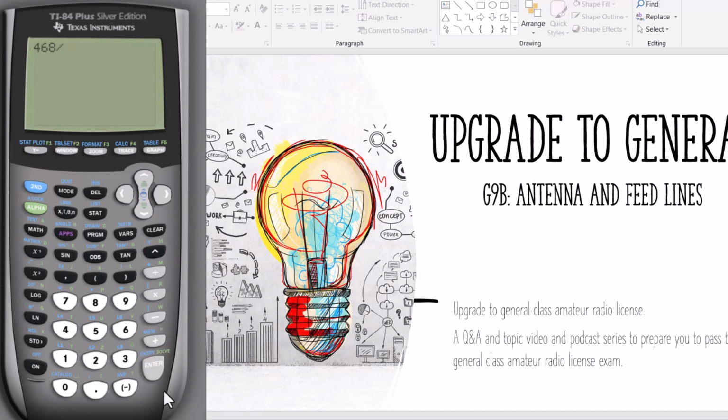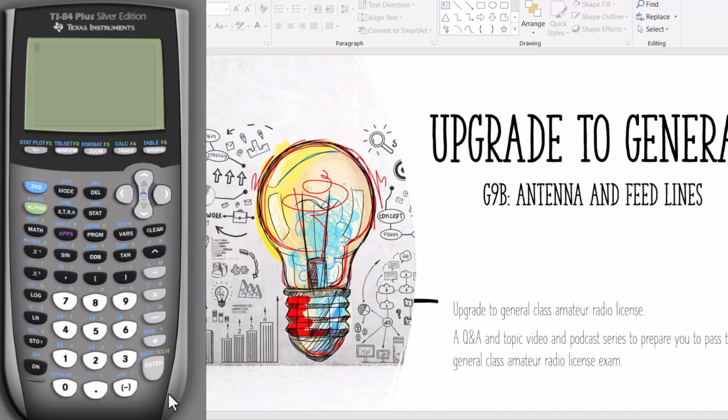The next question asks, what is the approximate length for a half-wave dipole antenna cut for 3.550 megahertz? So again, it's 468 divided by the frequency in megahertz, 3.550. And the answer is 131.8. The closest answer choice is 132 feet, so that's the answer.